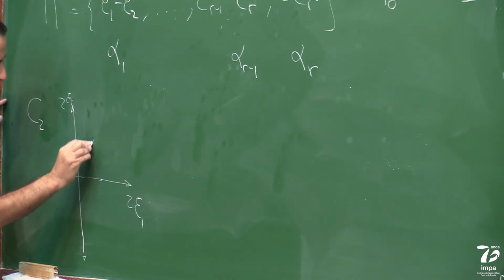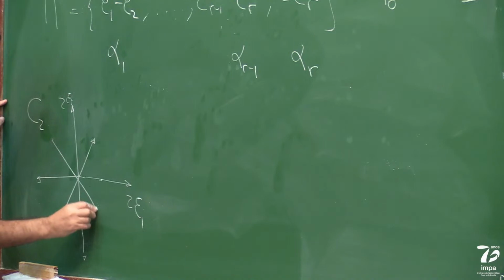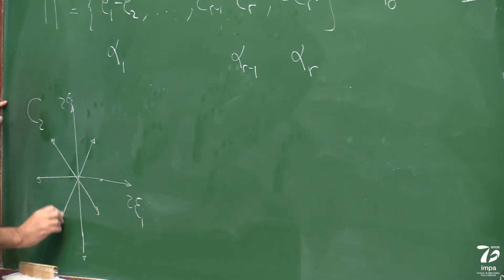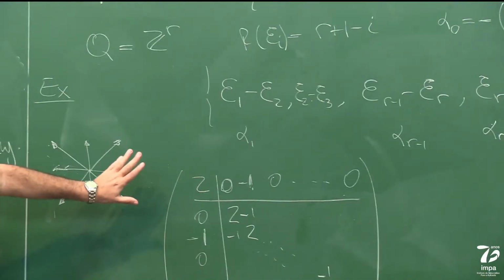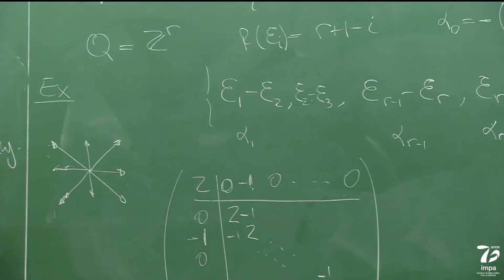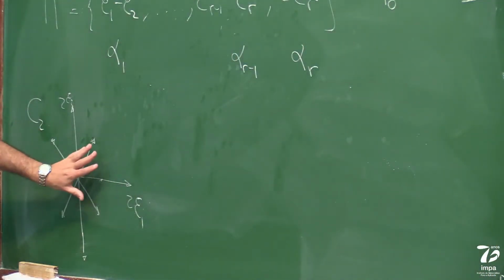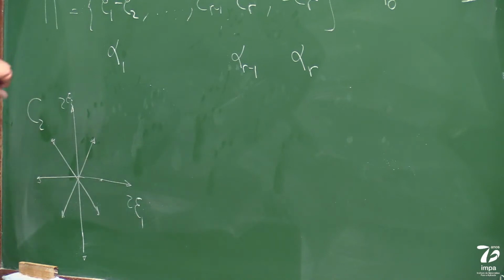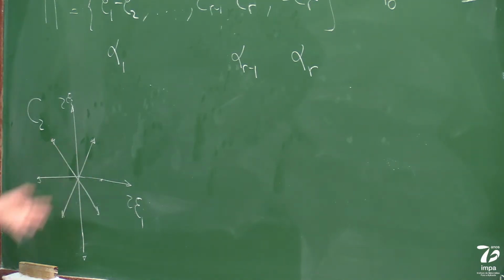And here I have epsilon 1 plus epsilon 2, epsilon 1 minus epsilon 2, and so forth. So you see that this diagram, C2, is the same diagram as B2, just rotated and scaled. So C2 really looks like B2, it's just that it's rotated and scaled. For B2, the square lengths were 2 and 1, and for these guys are 2 and 4. All right, so that's C2.